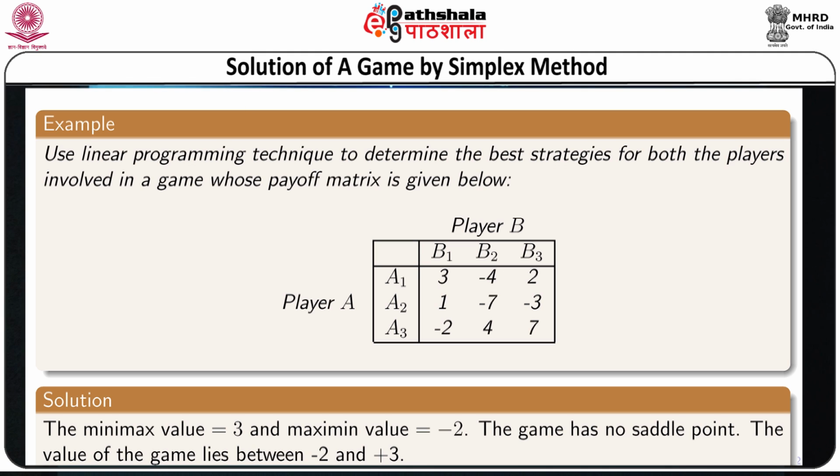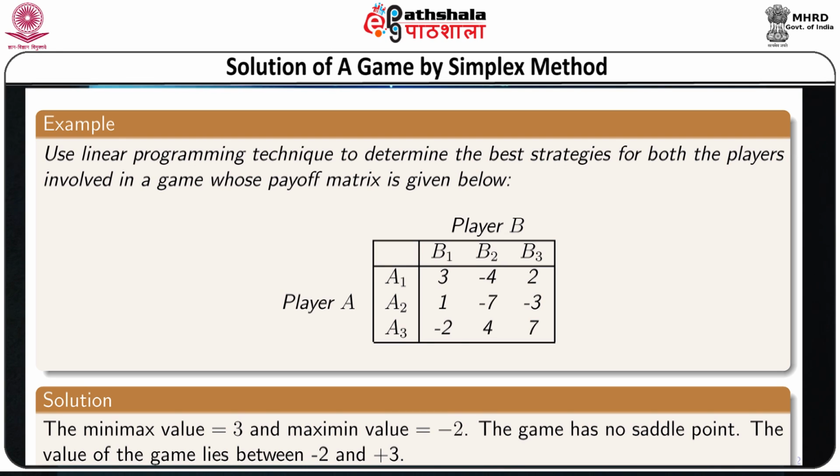We can see that the game has no saddle point. The minimax value is equal to 3 and the maximin value is equal to -2. That means the value of the game lies between -2 and 3.